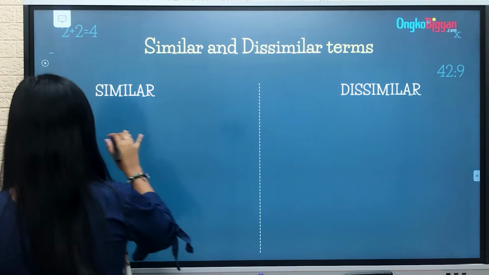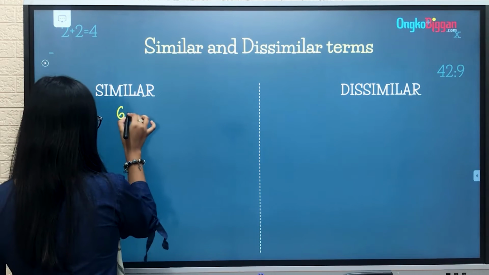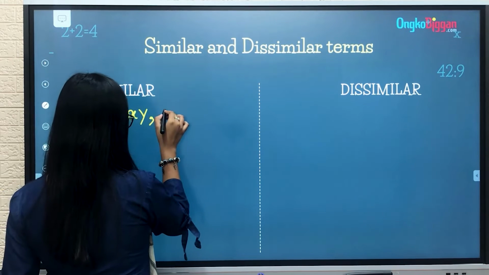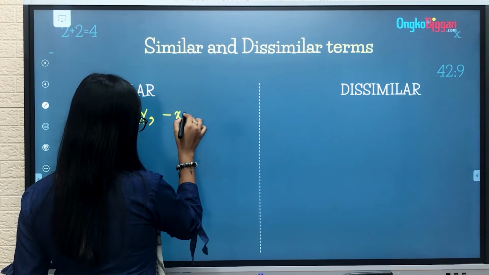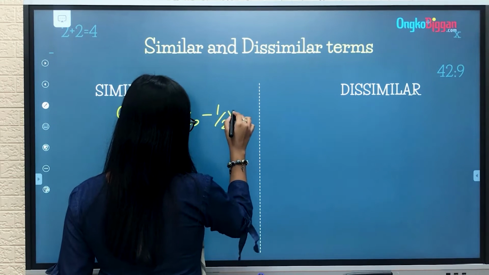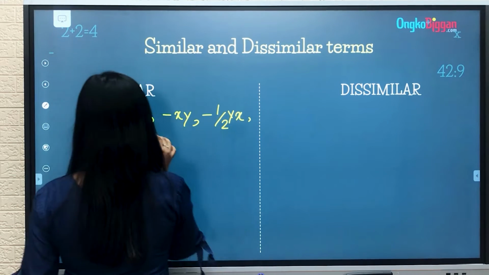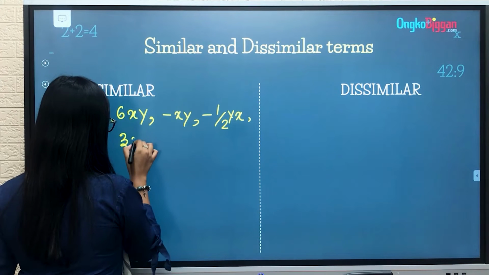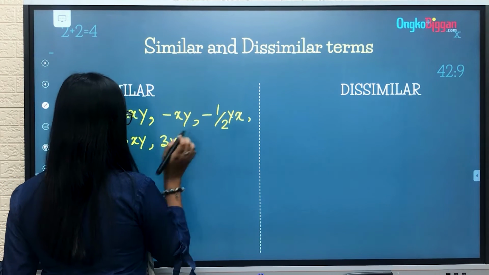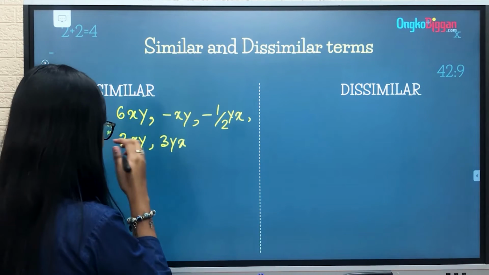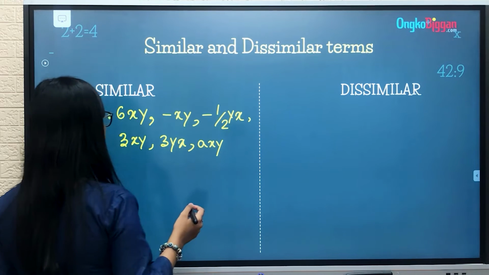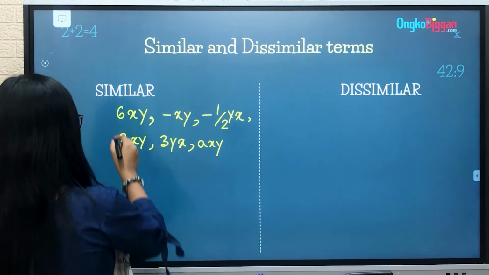So basically, if you are given similar terms, like I am giving you some terms like 6xy minus xy minus, if we just focus here, all the terms have different coefficients.